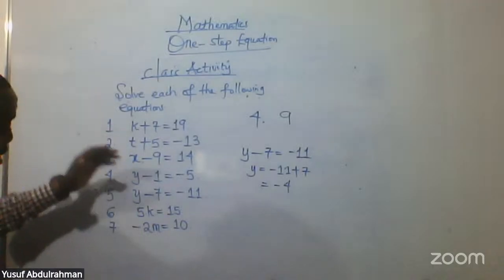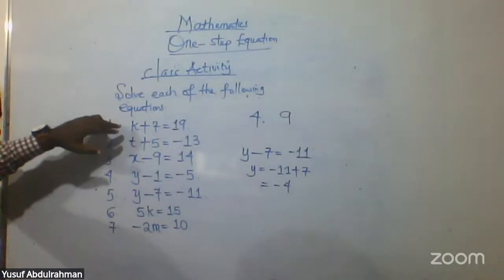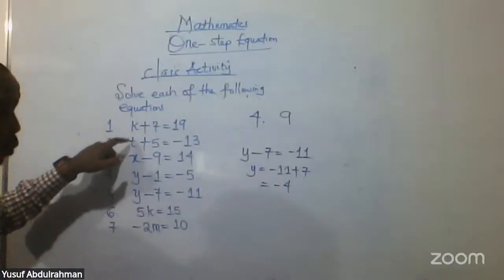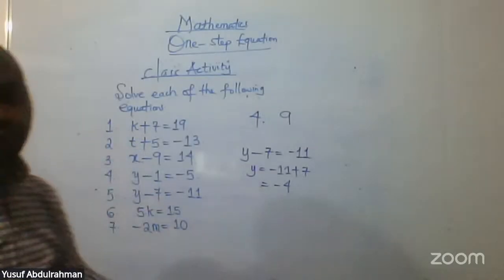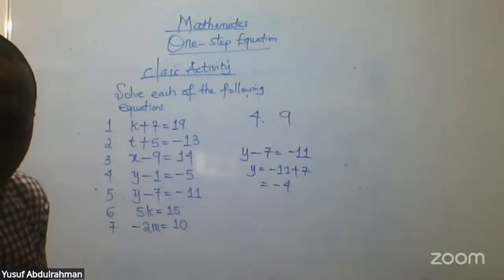Please remember what I said: when it comes to addition and subtraction, the opposite of addition is what? Subtraction. The opposite of subtraction is what? Addition. It's very important. Yeah, so for question 6.